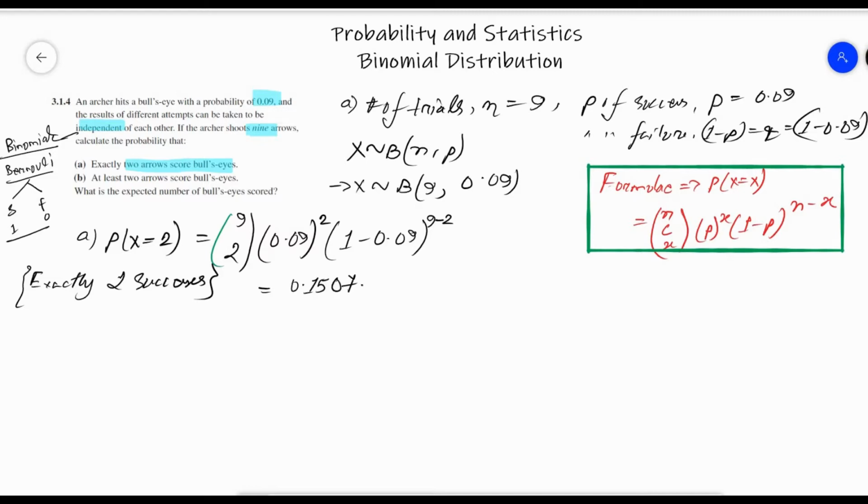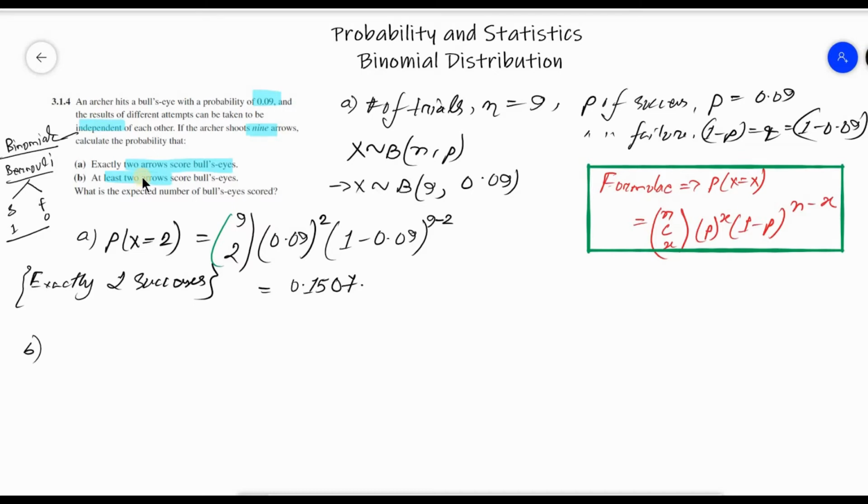Pretty easy. Alright, now let's move on to our next problem, number B. In number B, it is asked to find out the probability that at least two arrows will score bullseye. At least two arrows indicate that the number of successes is minimum 2 and it can extend up to the number of total trials, which is 9.